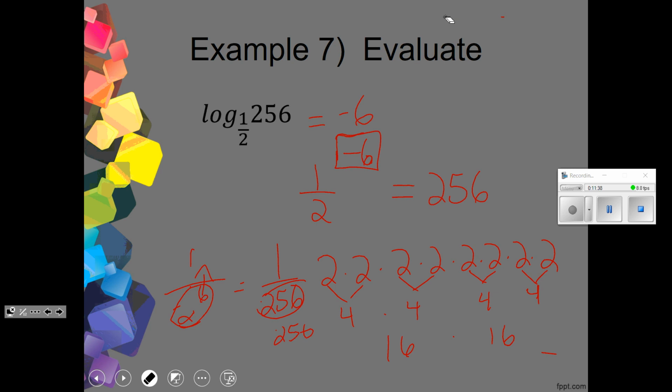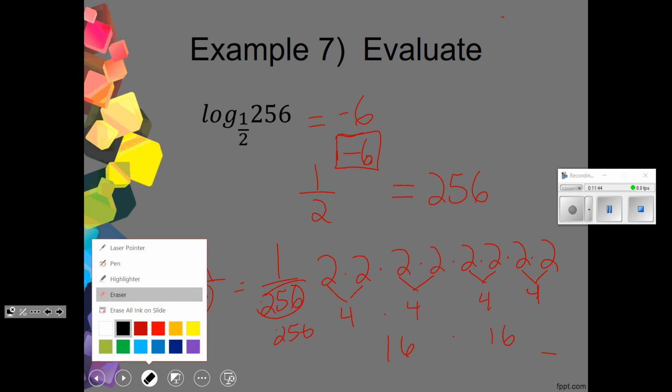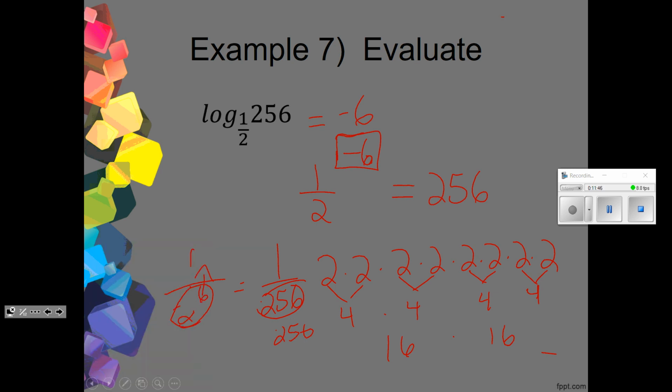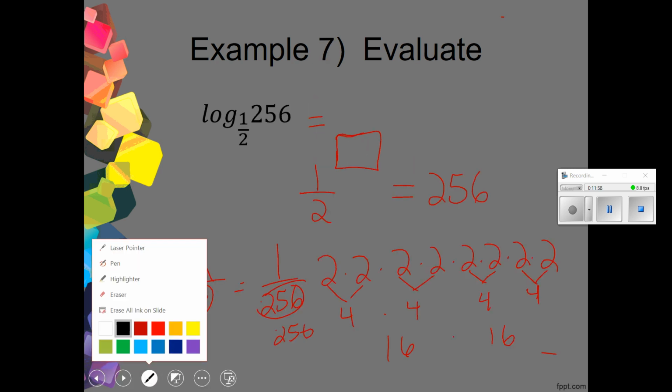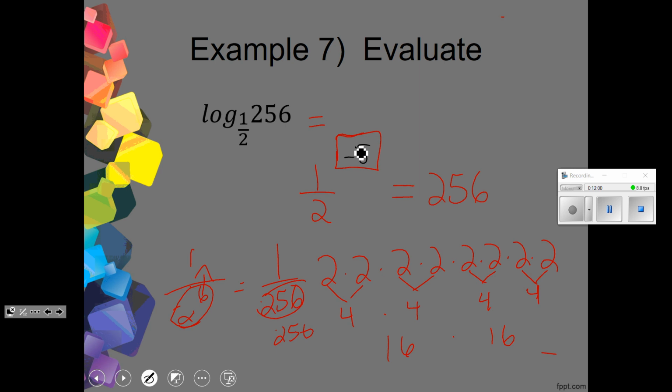Does that make sense? Oh, you're right, 8. I'm sorry, 8. Let me go back. I think someone said 6 first, so I had 6 in my head. So it would be negative 8. Did I lose you anywhere?